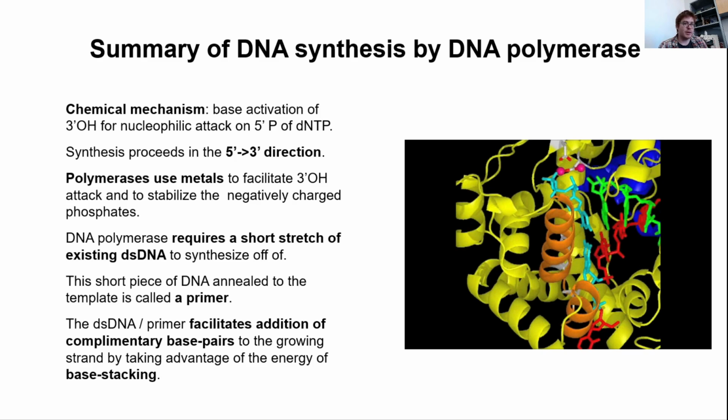And this double-stranded DNA stretch here, mediated by the primer, is going to be important for helping facilitate the addition of the correct Watson-Crick-Franklin base pairs to the growing helix, because the already existing double-stranded DNA structure is going to make it more favorable to add the specific Watson-Crick base pairs that are going to stack really nicely with that existing structure. And so those things working together make polymerase have high accuracy.